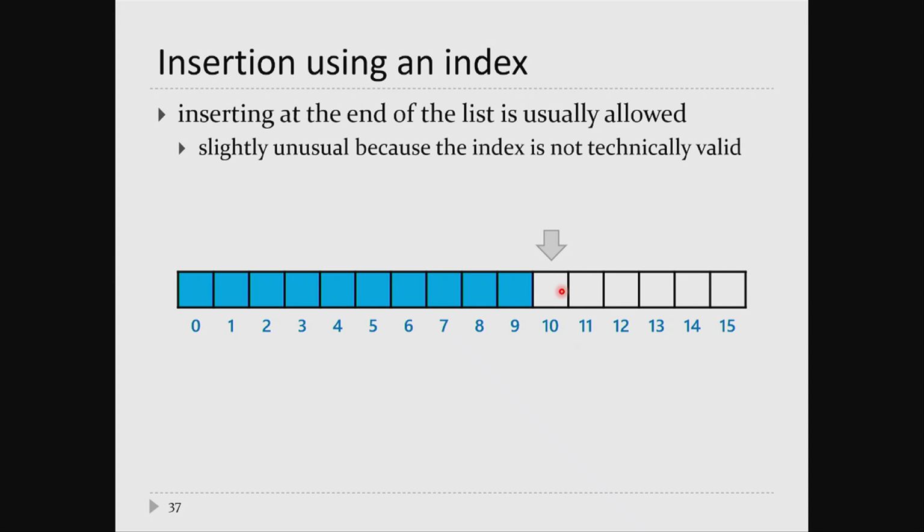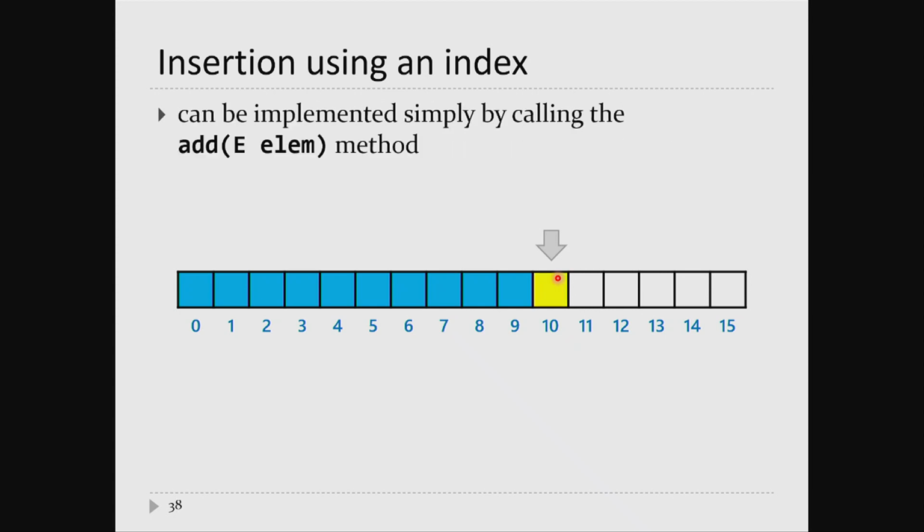If you try to get element 10 from this list, you should get an exception. If you try to set element 10 in this list, you should get an exception. But when you insert at element 10, normally that works. Now, fortunately, inserting at element 10 is the same thing as adding to the end of the list. So you don't actually have to do anything special. You just call the original add method, and that adds the element to the end of the list.